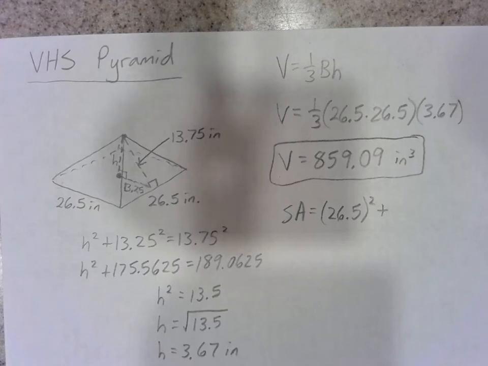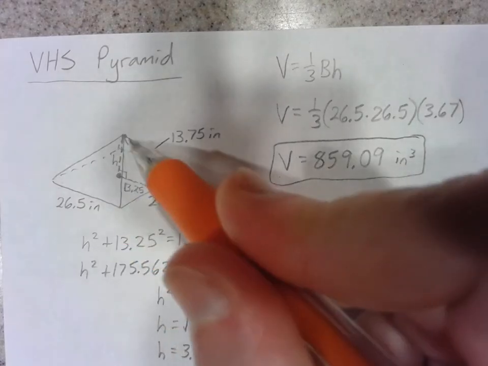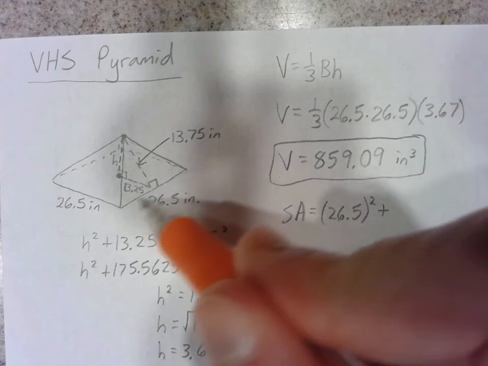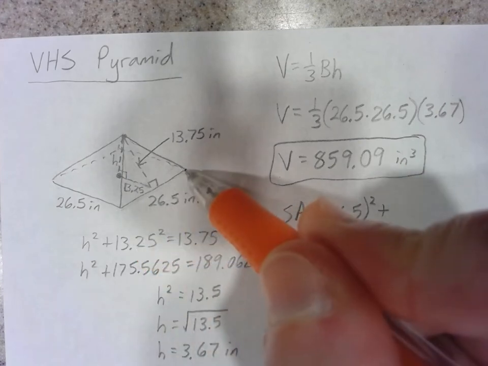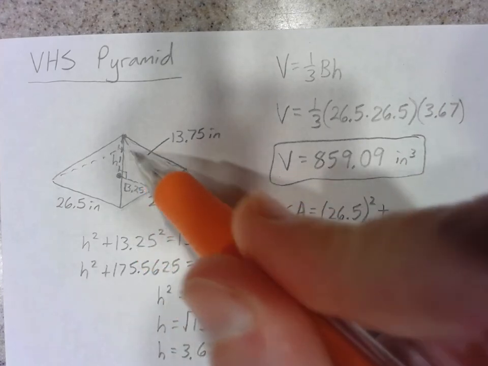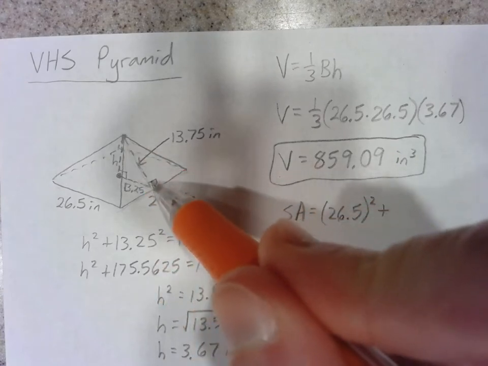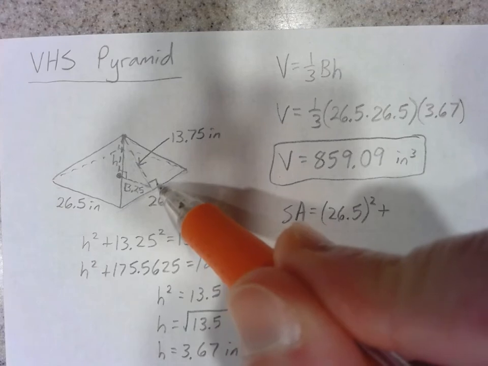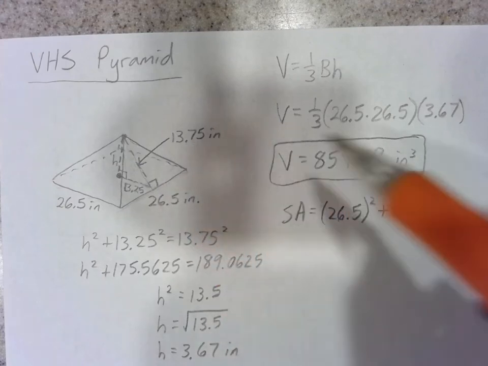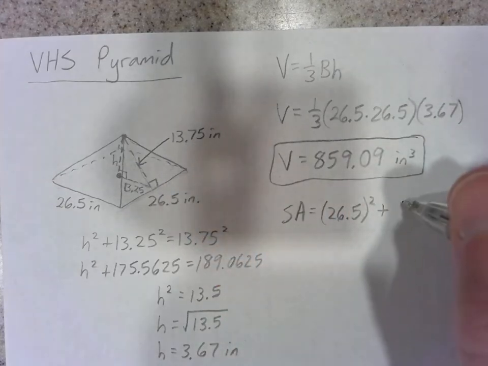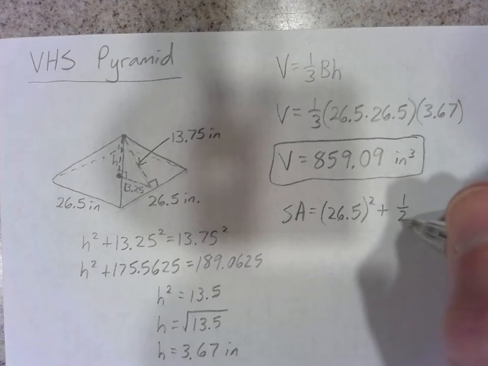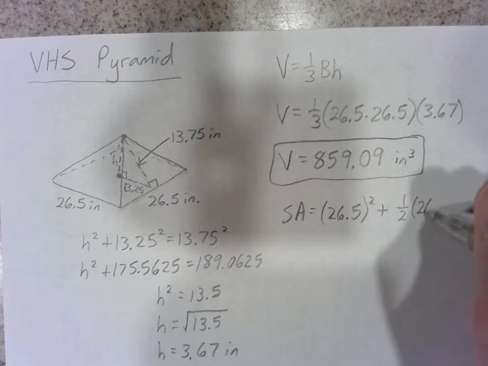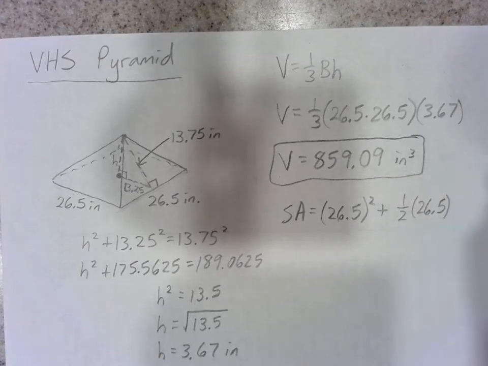And so each of these triangles has a base that's 26.5 and a height. Now it's the slant height, because the slant height is the height of the triangle, 13.75 inches. So I'm taking 1/2 times the base times the slant height, because that's the height of the triangle.